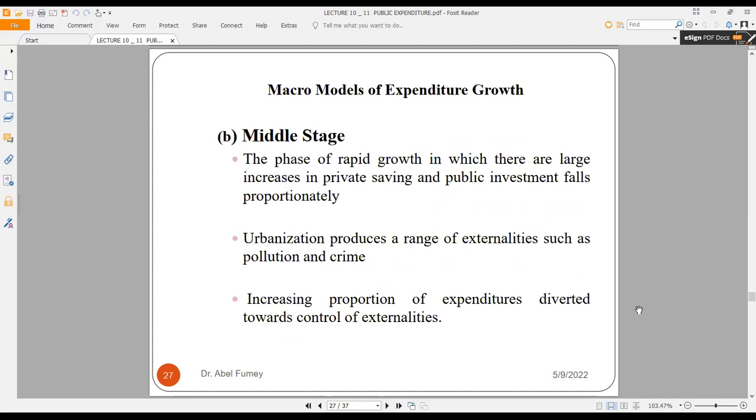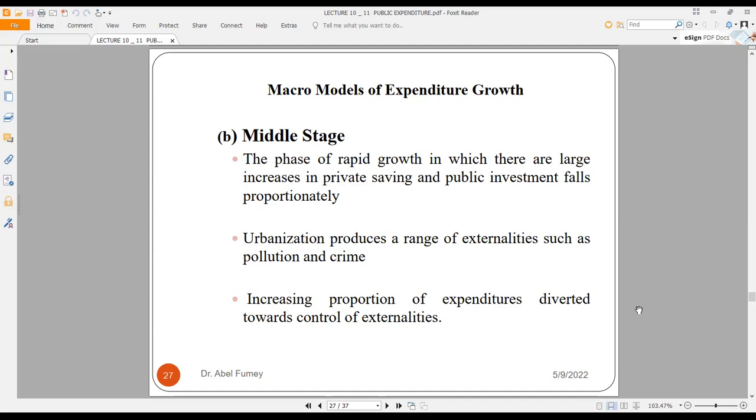Now, when you get to the middle stage, at least there's been an increase in private savings. So they will also support the provision of infrastructural facilities, which means that public expenditure is going to fall a bit. It wouldn't be as high as the initial expenditure. But this is the stage where we now have industrialization as well.